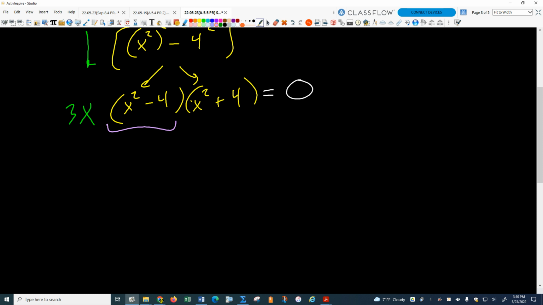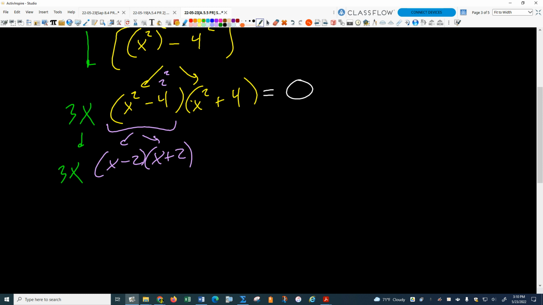What pattern's that going to fit? Yeah, good, because that's x squared minus 2 squared, isn't it? Do you guys all get that? Okay, good. So that's 4 we're going to replace with a 2 squared. So that's going to break up into x minus 2 times x plus 2. We've got this 3x that's already done out front.